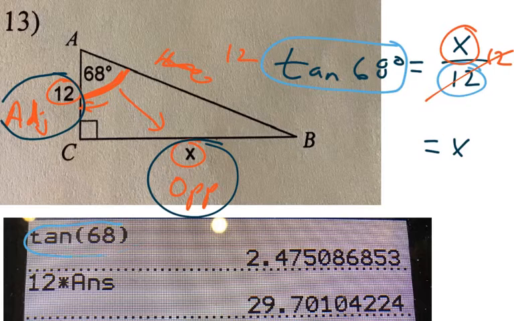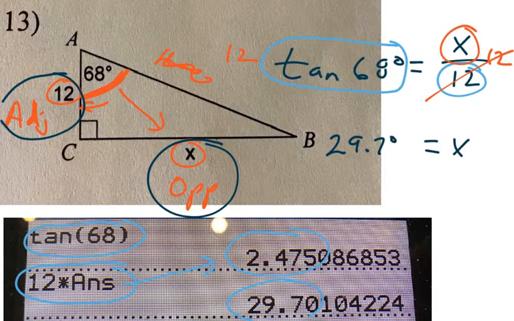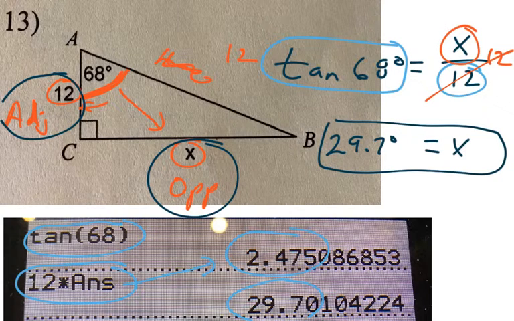Notice that the tangent of 68 is 2.475. But see, leave it in the calculator. Don't clear it out. And as I discussed, we're going to take 12 times our tangent of 68, right? And here is our answer, 29.7. Again, give at least one decimal place. And that's how it's done, guys. Pause the video if you need to.